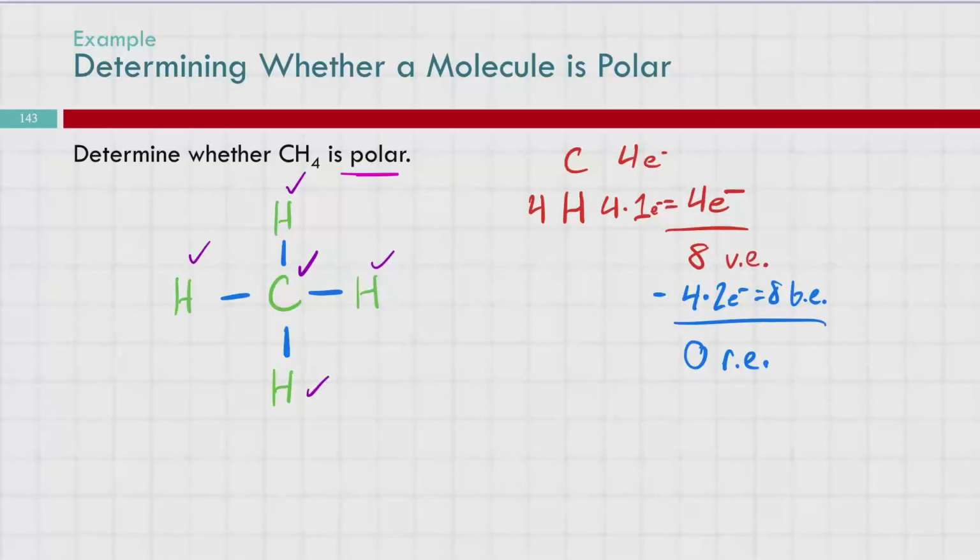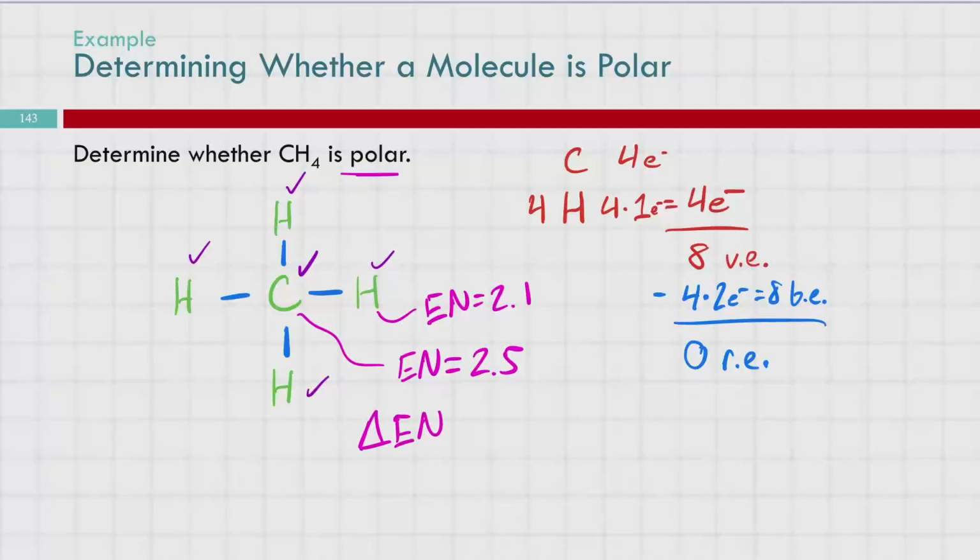So for carbon, if I'm remembering correctly, it has an electronegativity of 2.5. Hydrogen, 2.1. So our difference in electronegativity is 0.4. That's right on the edge of nonpolar or polar.